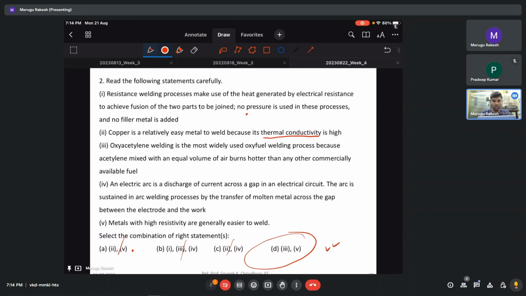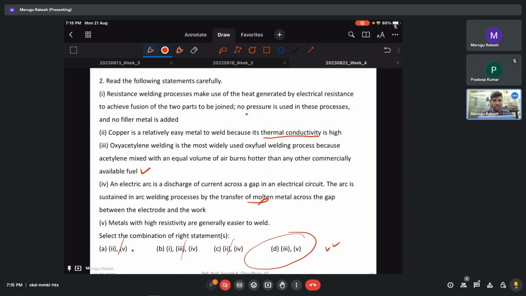Oxy-acetylene welding is the most widely used oxy-fuel welding process because acetylene mixed with an equal volume of air burns hotter than any other commercial fuel, which is true. An electric arc is a discharge of current across the gap in the electrical circuit, which is correct. The arc is sustained in arc welding process by transfer of molten metal across the gap between the electrodes. This is wrong. It is sustained because of the electrons being exchanged from positive to negative.